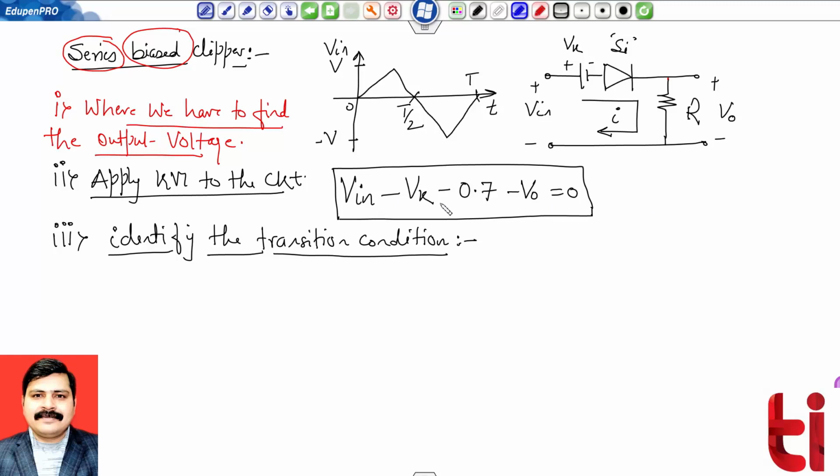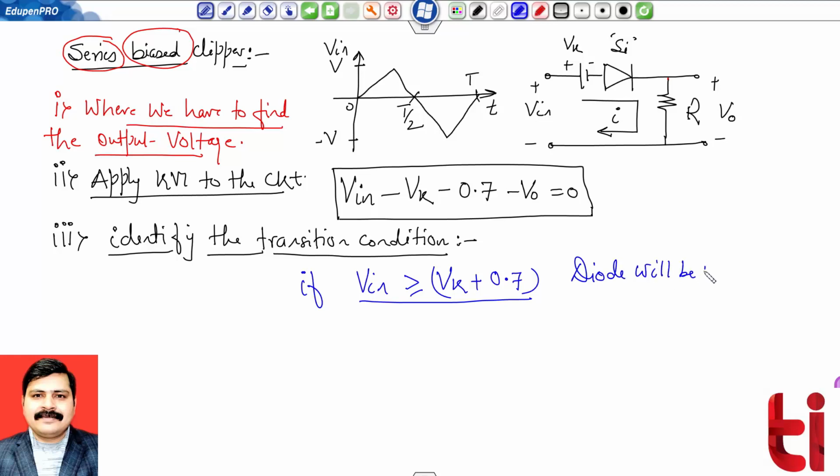If Vin is greater than or equal to Vk plus 0.7, if this condition is satisfied, my diode will be on. Otherwise, if Vin is less than Vk plus 0.7, then my diode will be off.